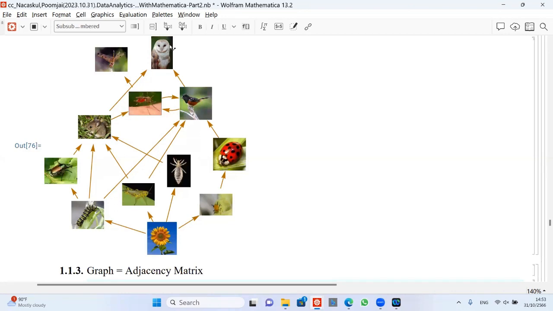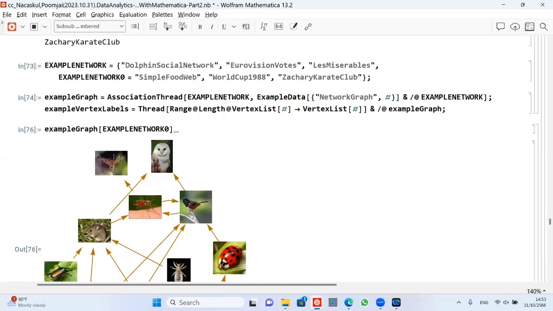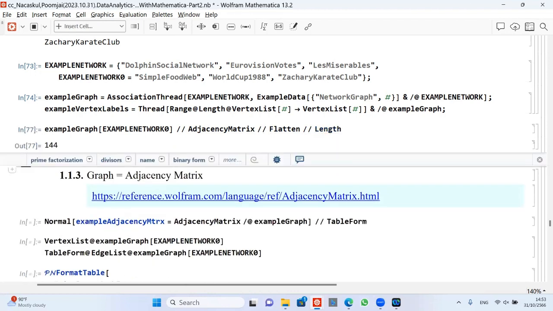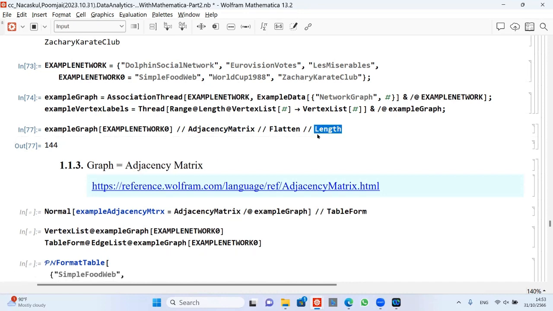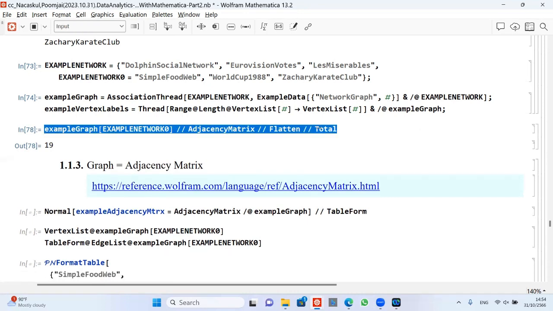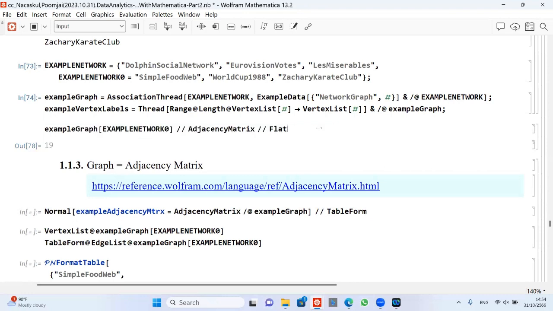So you can think of this. Well, let's count how many arrows there are. Okay? There are actually 19 arrows. If you don't believe me, you can count visually.